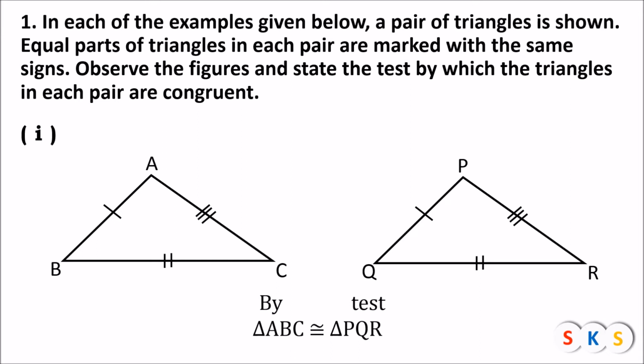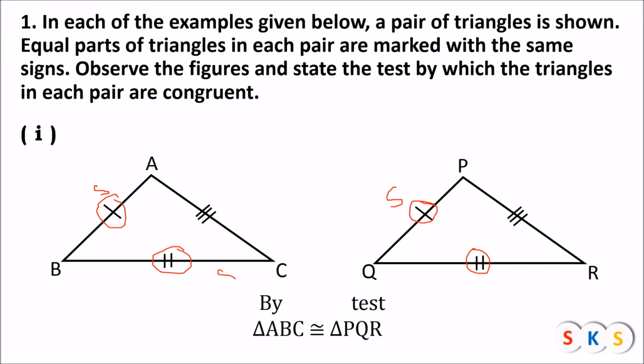Okay, you can see here we have two triangles, and you can see that side AB and side PQ got the same kind of mark. Therefore side AB is congruent to side PQ. And here side BC and side QR got the same kind of mark.